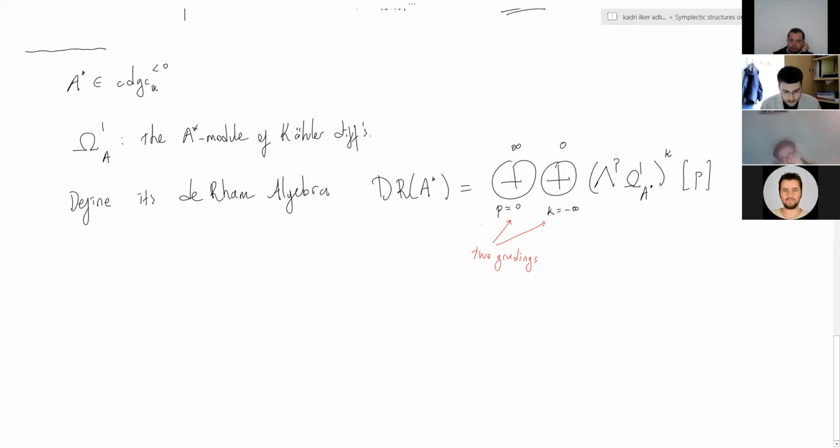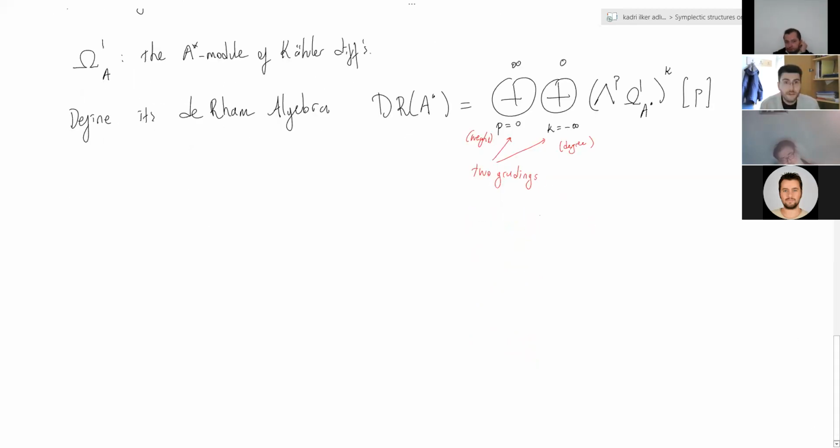So p is kind of a weight, let's call it the weight, and k is the degree. Also we have two gradings, and hence we have two differentials.